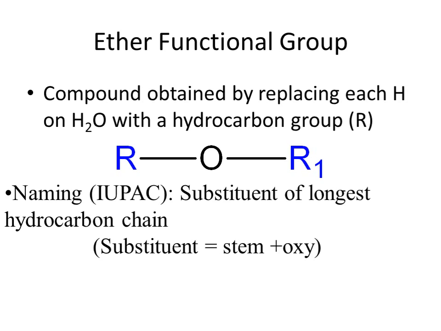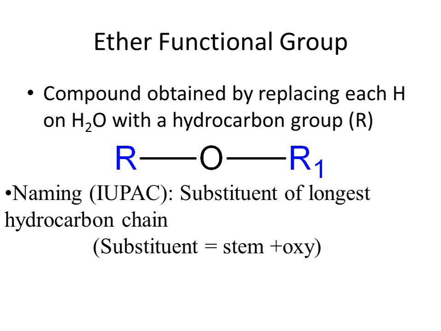It can be used whether the oxygen of the ether group is in line with the rest of the carbons, so it's like one big long chain, or if the oxygen of the ether group is positioned more like a substituent to a longer parent chain. Either situation, the IUPAC naming method will work.